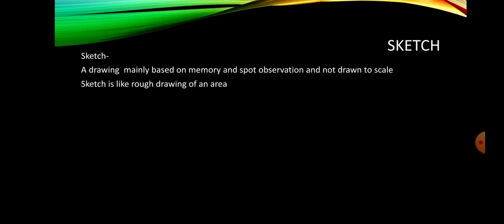The sketch is made like a rough diagram or drawing of an area. It will help us to tell where a place is located with respect to other places. It means that where one place is, other places are also located, and it will help us to find out and to visit there.